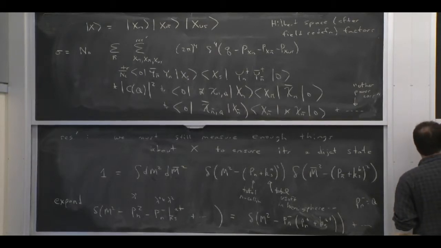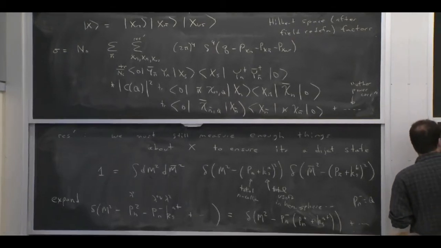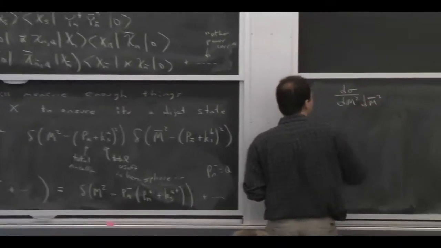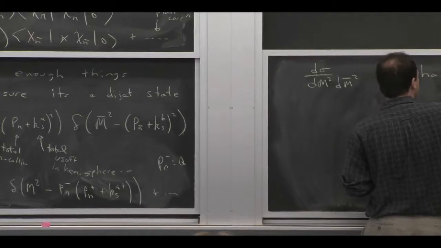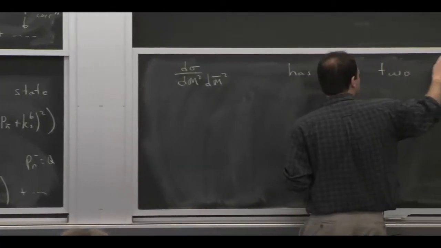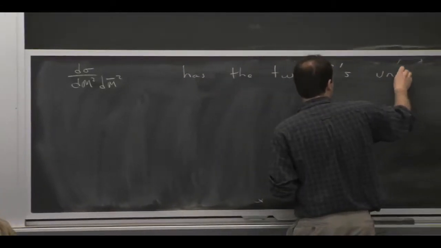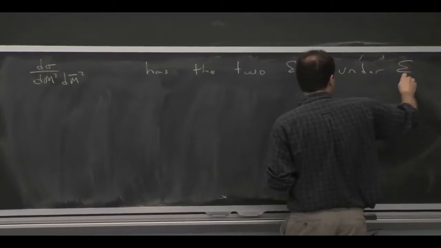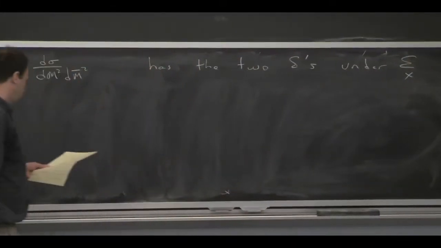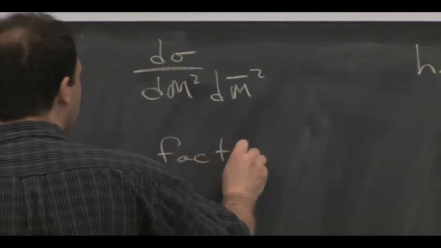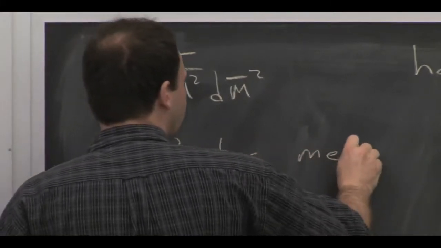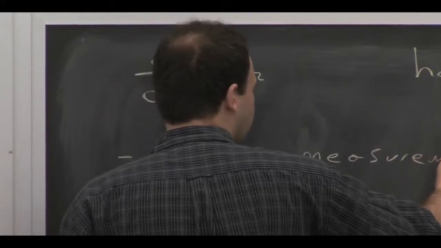So then I can do what I said in words, write this guy, and it will have these two deltas that are under the sum over x. They don't commute through with it. They depend on x. Now, another thing we would like to do is to factorize the measurement.